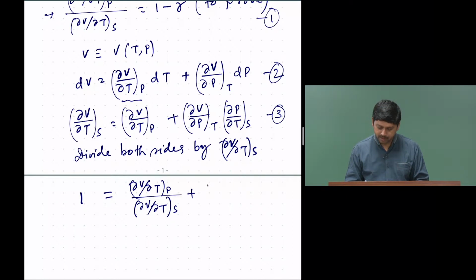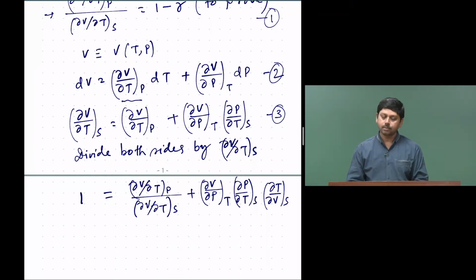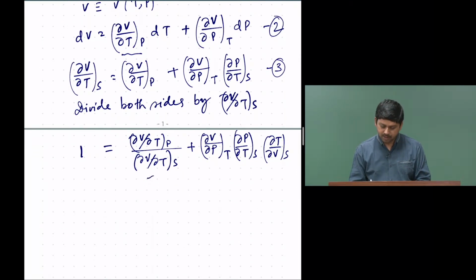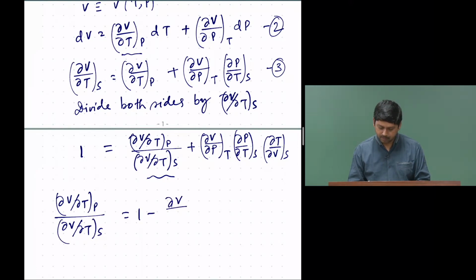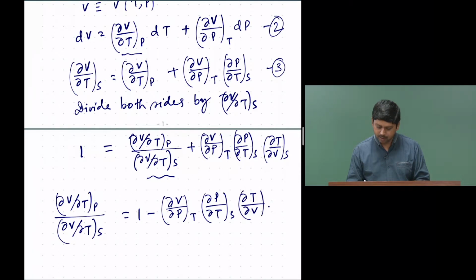And then this side will get (del V/del P) at constant T, (del P/del T) at constant S, and we are dividing by (del V/del T) at constant S. So, we get the inverse of that, (del T/del V) at constant S. Okay. So, which means that this quantity (del V/del T) at constant P by (del V/del T) at constant S is 1 minus (del V/del P) at constant T, (del P/del T) at constant S, and (del T/del V) at constant S.